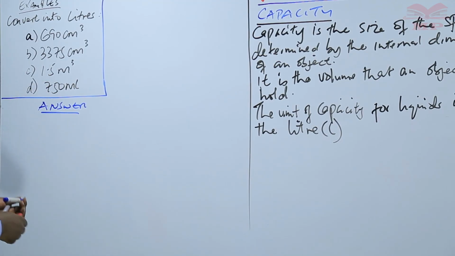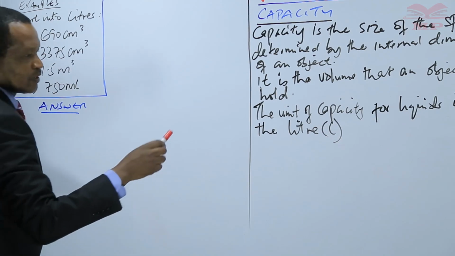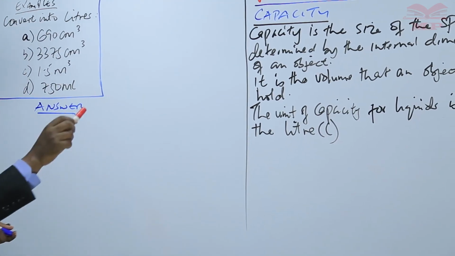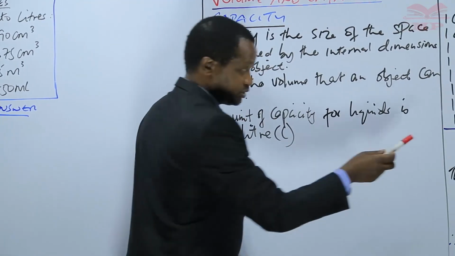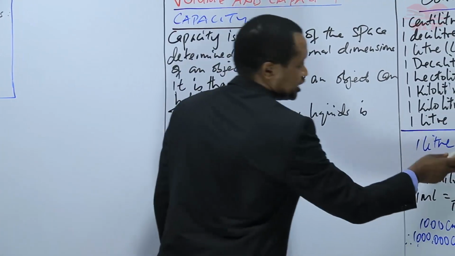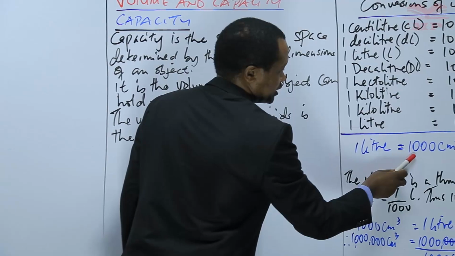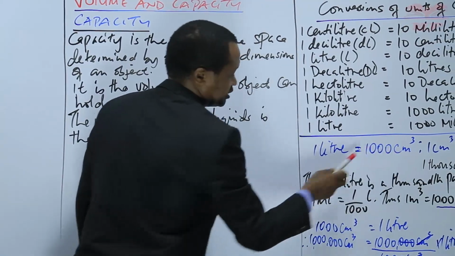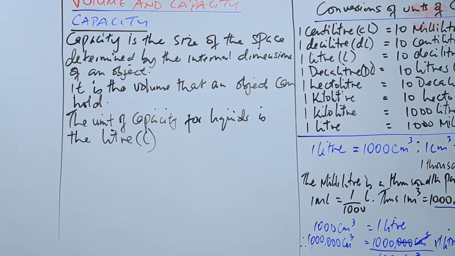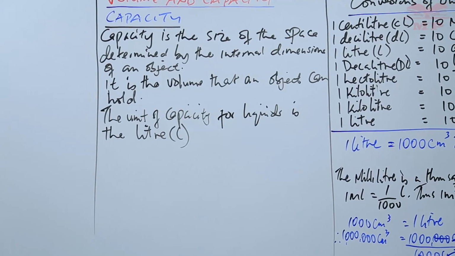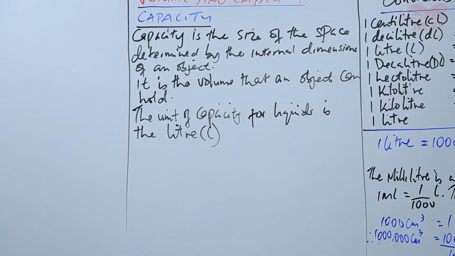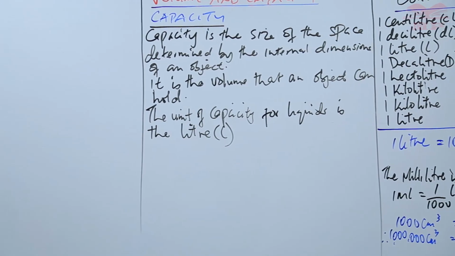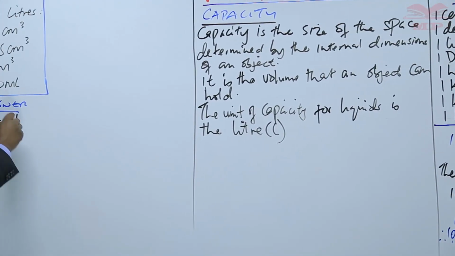Let me take you back to a very important conversion. We said 1,000 cubic centimeters is equal to 1 liter.